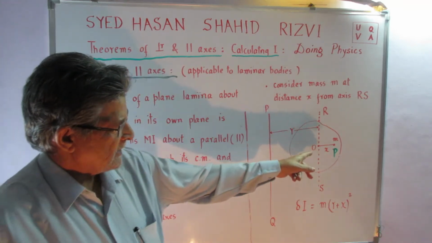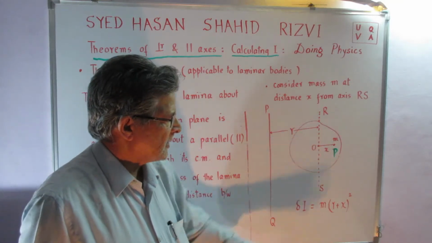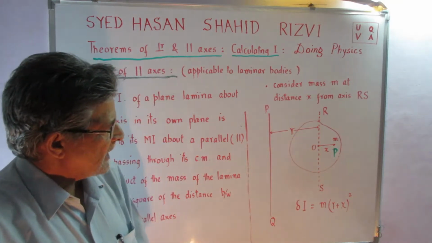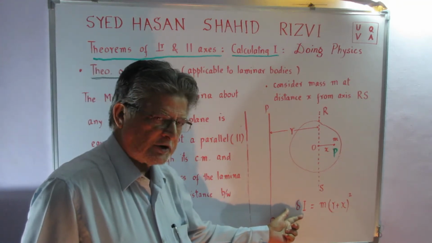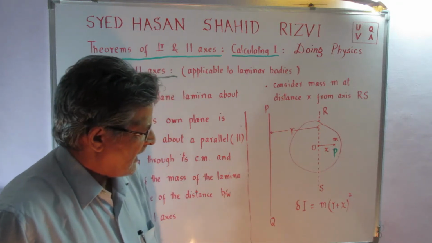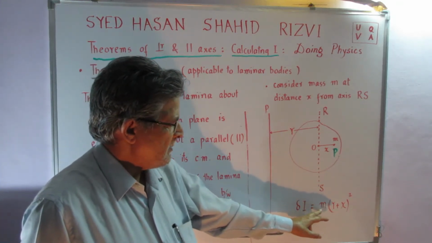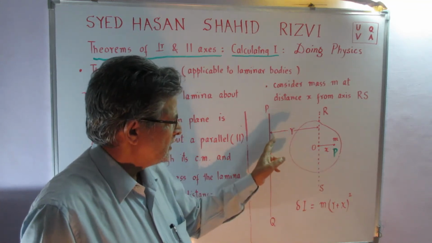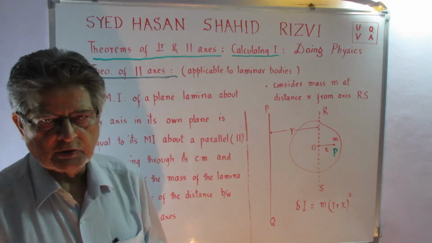Then, by the definition of the moment of inertia, I can write delta I equal to m into the distance from the axis PQ, and that is r plus x whole square.